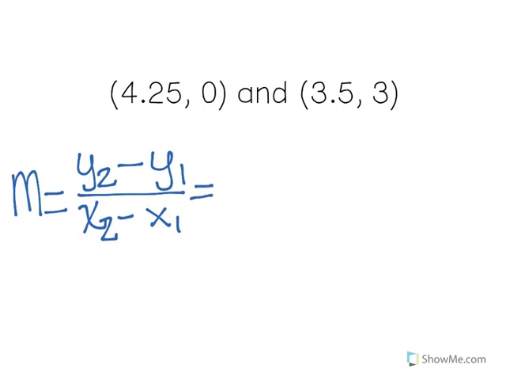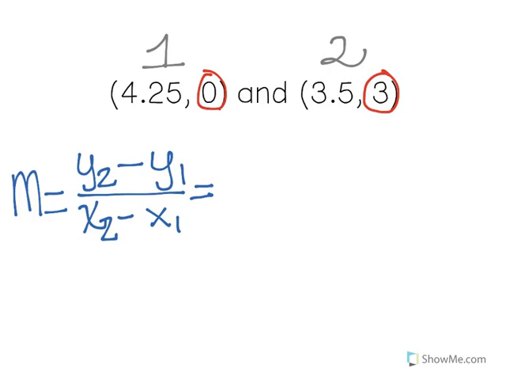In this problem, my y's are 0 and 3, and my first point that they give us is (4 and 25/100, 0). And then my second point they give us is (3 and 5/10, 3).